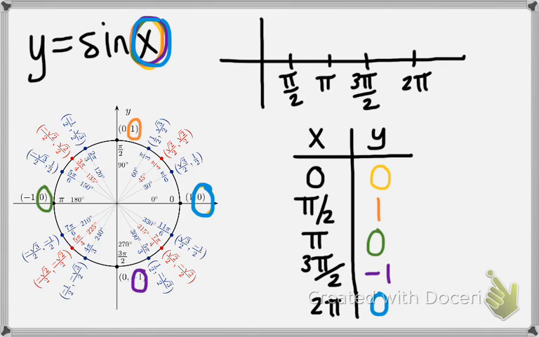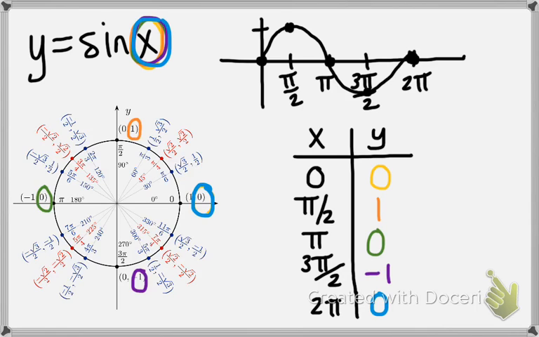It starts on the x-axis, at the origin, right here, at 0, 0. Then it goes above the x-axis, back to the x-axis, below the x-axis, and back to the x-axis. So that's one complete trip around the unit circle and one life cycle or period for this function itself.